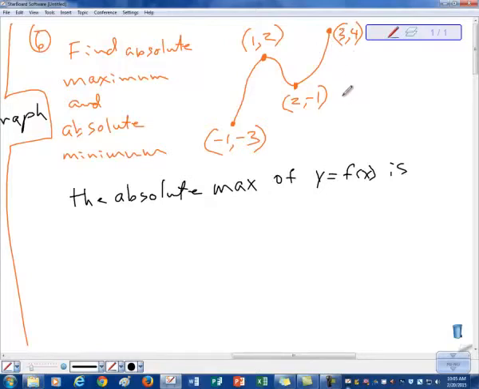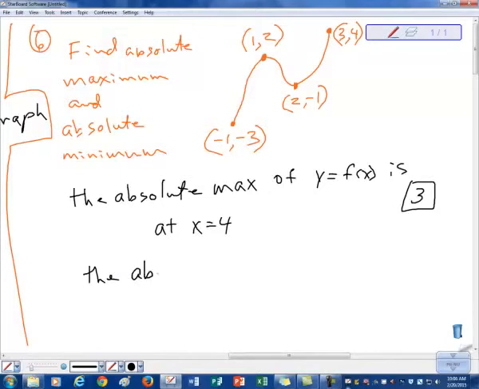Normally the way we would answer it in class is the absolute maximum is, in this case, 3 at x equals 4, but the test won't ask for this part. It'll only ask for the maximum or min.